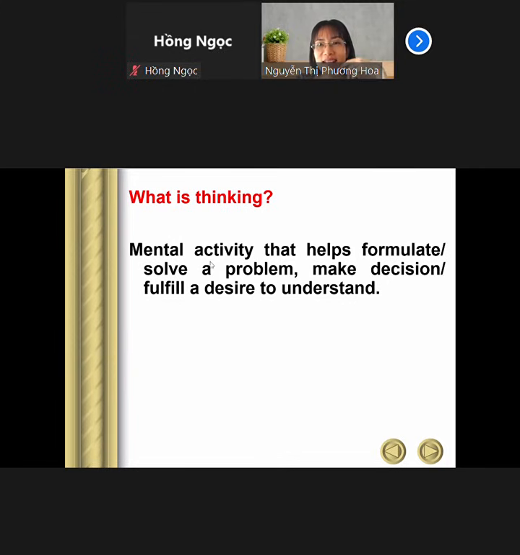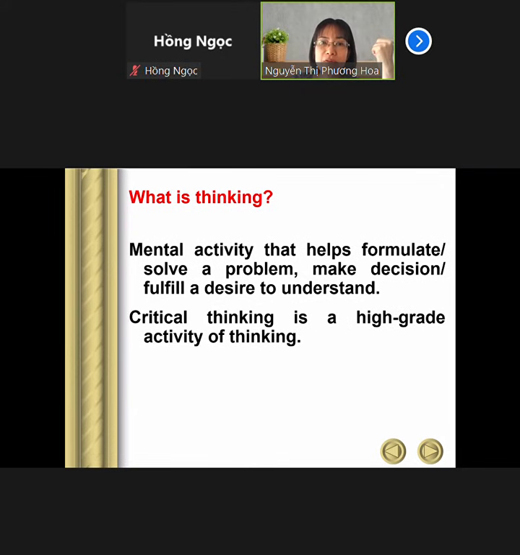Okay, that is a kind of psychological activity, mental activities that help us to reflect the world, to reflect the environment around us, help us to formulate knowledge to solve a problem, to make decisions, and even thinking fulfills a desire to understand something for our interest.